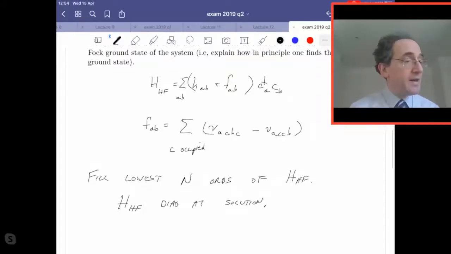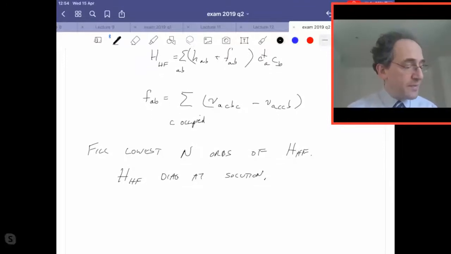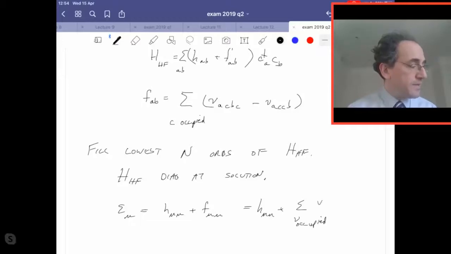Further, we wrote the Hartree-Fock orbital energies in this form: epsilon_mu equals h_mu mu plus the sum over occupied nu of v_mu nu mu nu minus v_mu nu nu mu.